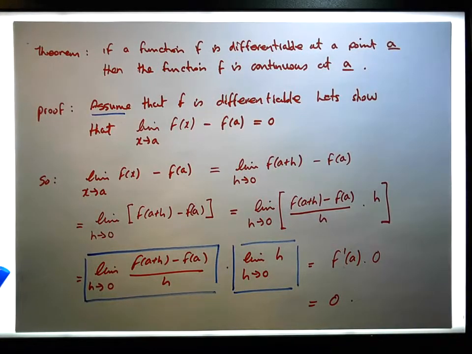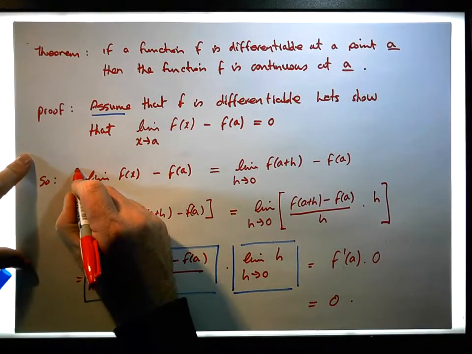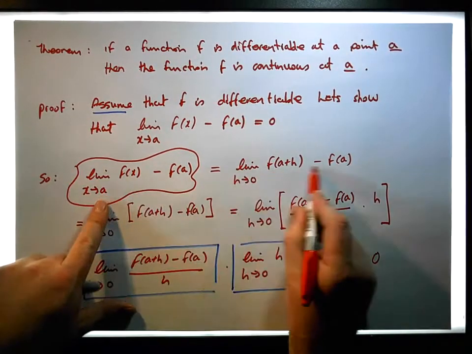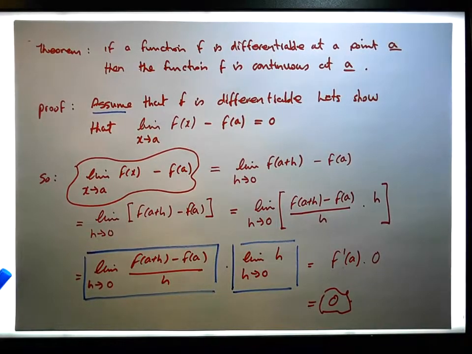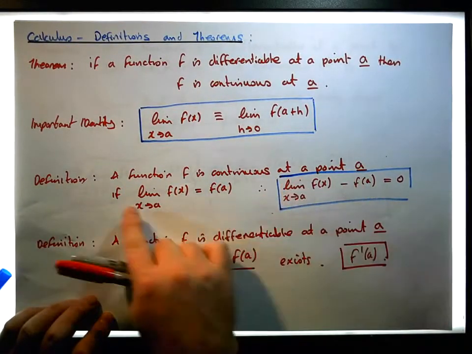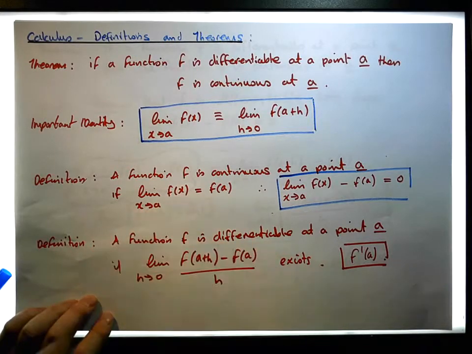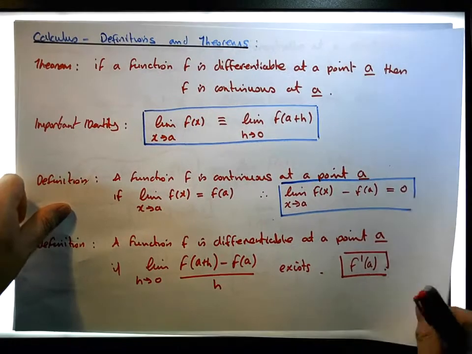So what we've just shown is that this thing equals 0, which is our definition of continuity. A function f is continuous at a point A if its limit as x tends to a is equal to it evaluated at the point a itself. And that's what we've shown.